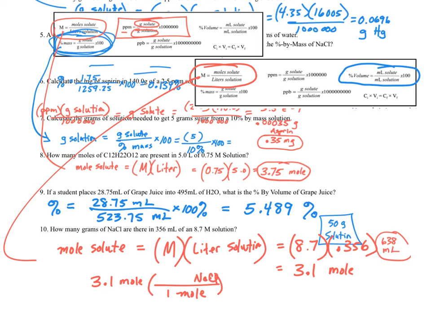So that molar mass is 58.44. 58.44 times 3.1 gives us 181.16 grams of NaCl.